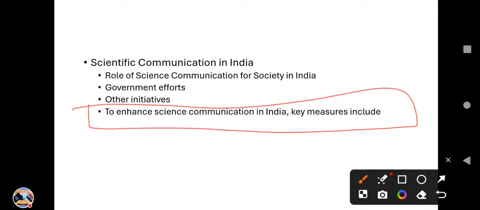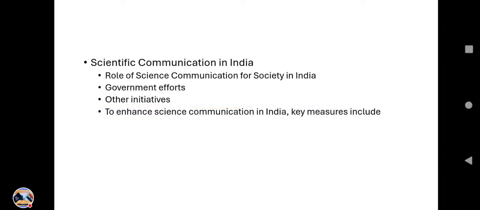Addressing current gaps and adopting a forward looking approach can build a robust science communication ecosystem, bridging the gap between science and society and propelling scientific progress. So you should remember this.